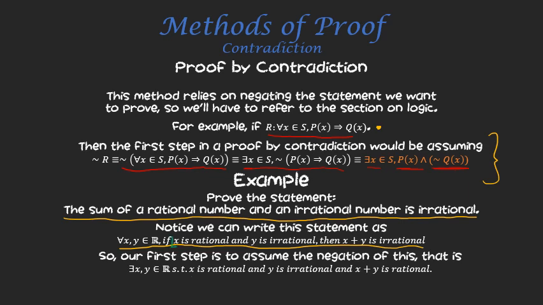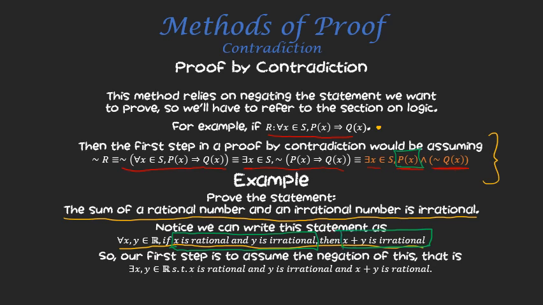Notice that the hypothesis of my implication up here did not change, right? So that's evidence from how we just negate an implication, right? We get the hypothesis and the negation of the conclusion. And so in the original statement, x plus y is irrational is the conclusion.